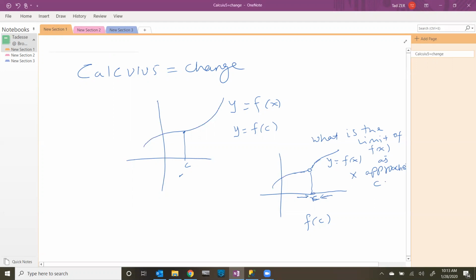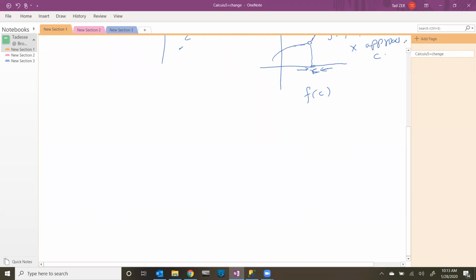Another example will be, let's say you have a straight line. Now this straight line passes through the points, let's say x1, y1, and x2, y2. So we know that the slope of that line is given by the change in y divided by the change in x.